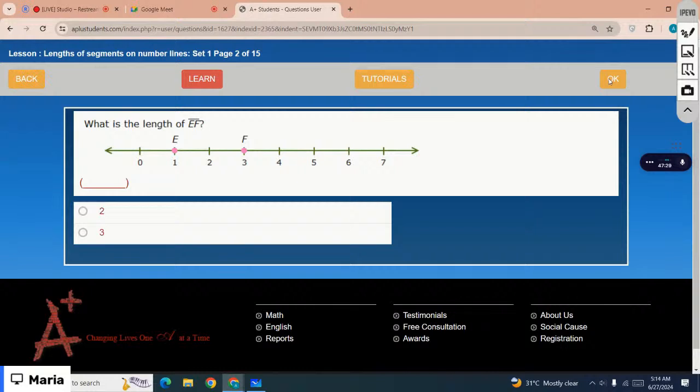Yes, the length is 2. The correct option is 2.